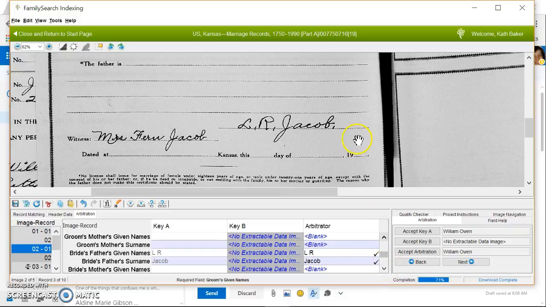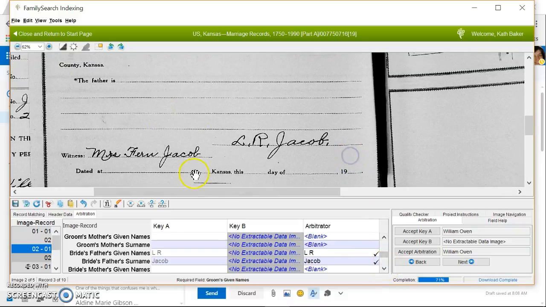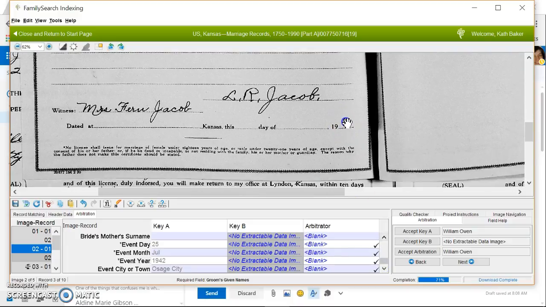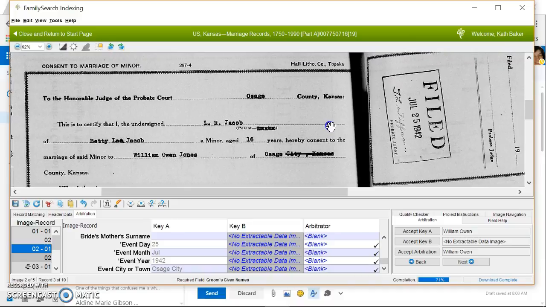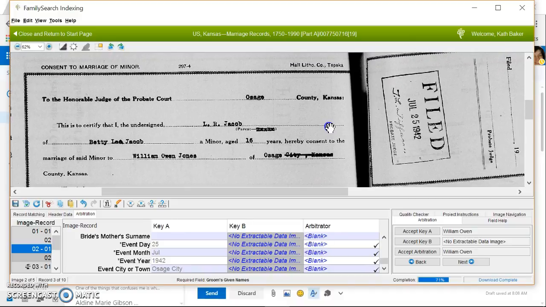If we were the family member and we pulled up the image, we would take that bit of information and use it, record it. It's important to us, but it's not accurate enough for us to put it in this indexing field as though it is the mother, because you don't know it's the mother just because she witnessed it.